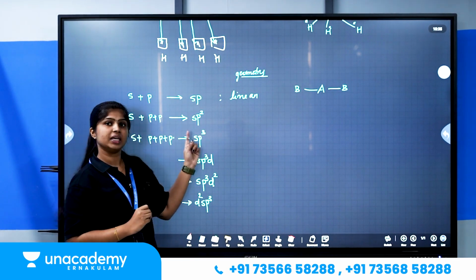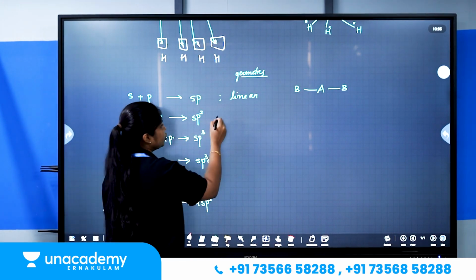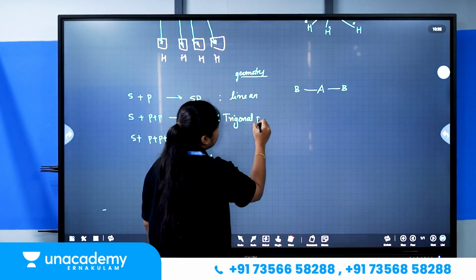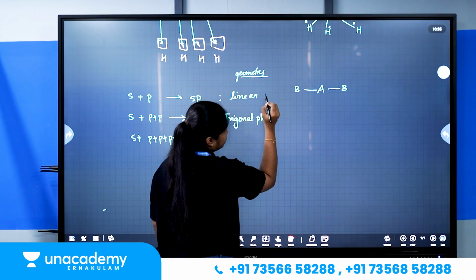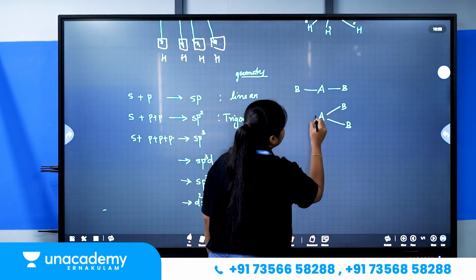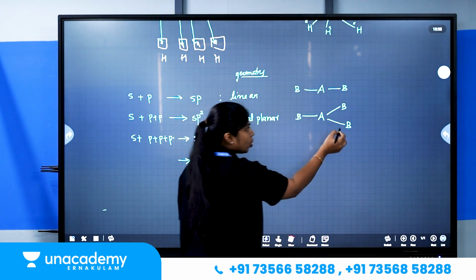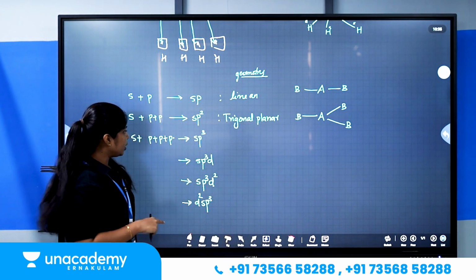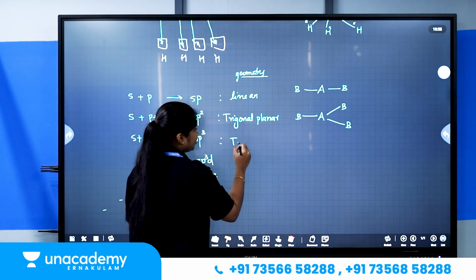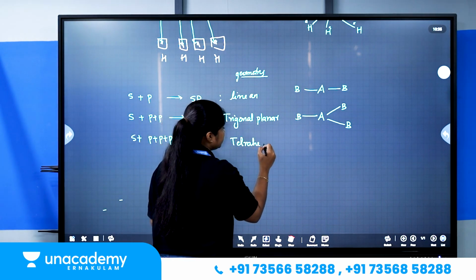And if it is sp2, it will be trigonal planar, that is 3 corners of a triangle. Now, sp3, yes, it is tetrahedral, right?